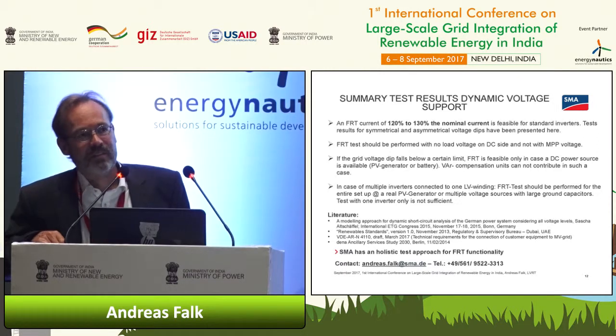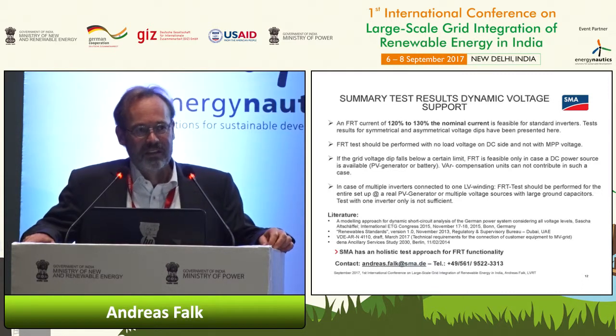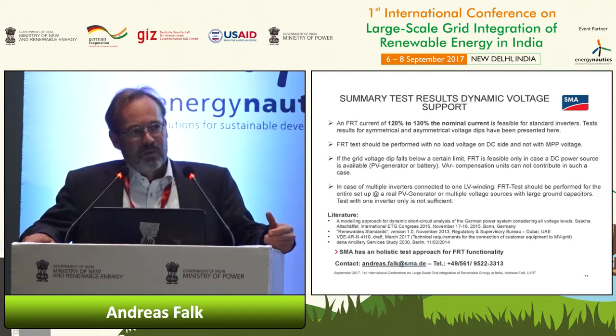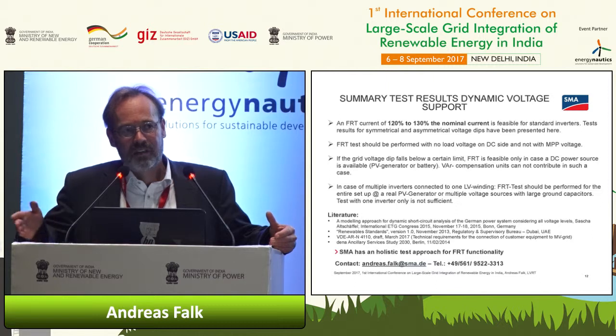The harmonics? Okay, it's a totally other subject. What the inverters do at the moment is they have a harmonic current control for a low number of harmonics, between the second and seventh.